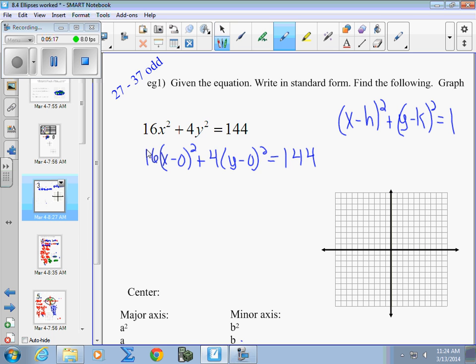And then we have to decide where a squared and b squared are. So I'm going to put this over here until we determine whether this is a horizontal or a vertical ellipse.